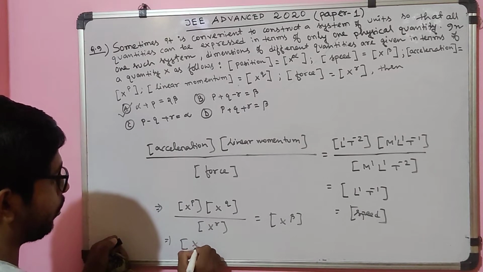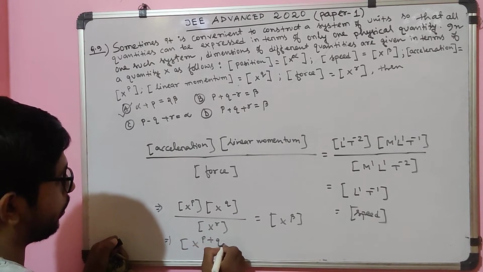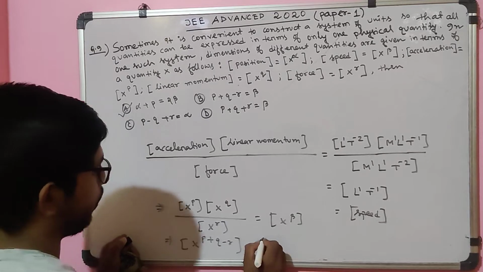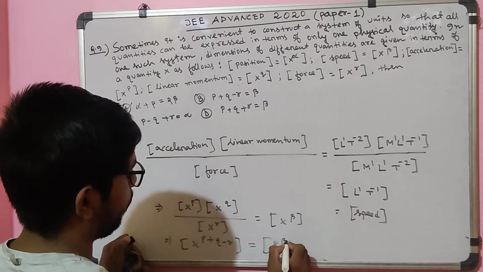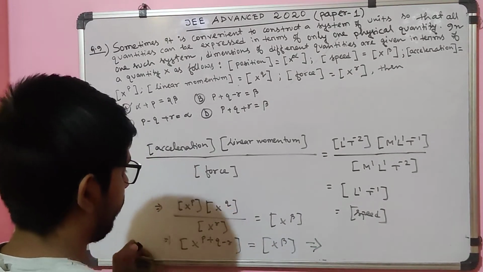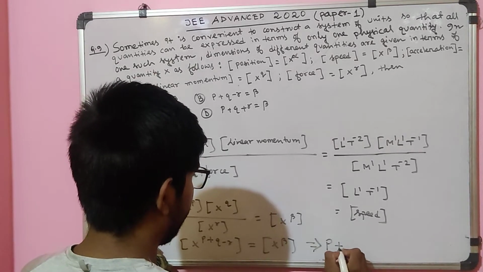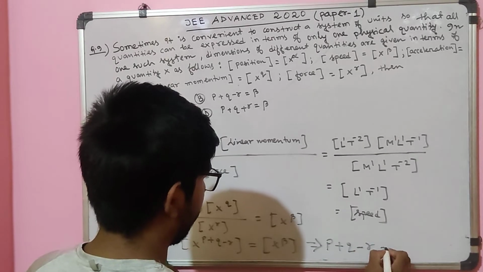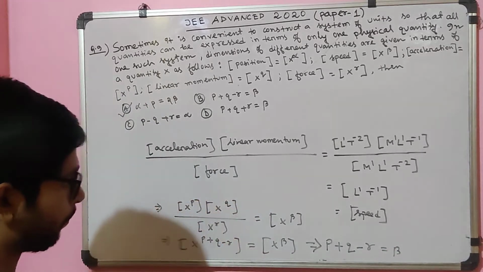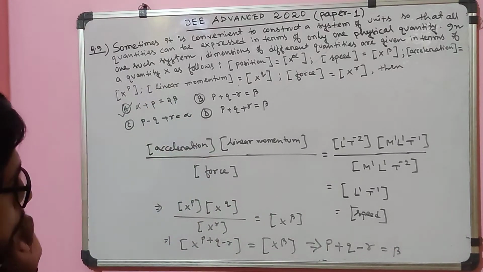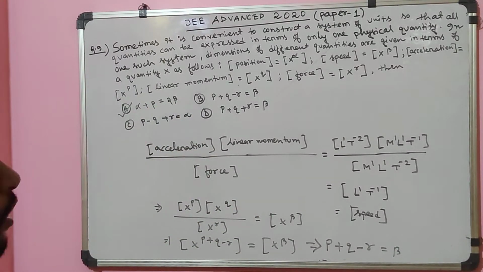So it will be x to the power p plus q minus r, equal to x to the power beta. Finally we can write p plus q minus r equal to beta. So yes, option B is also a correct option.